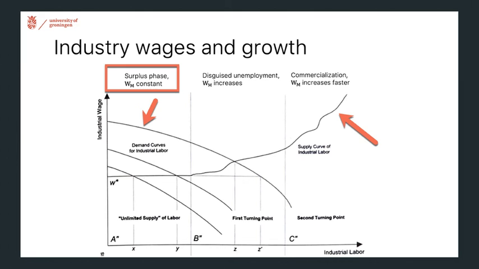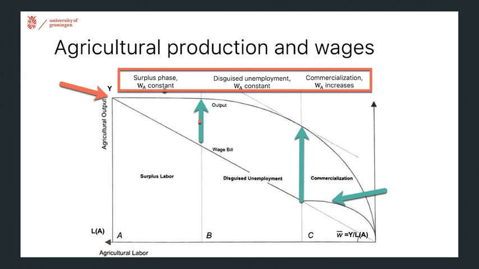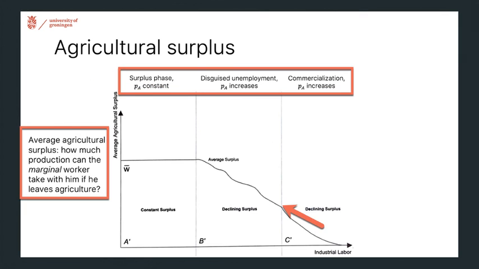Okay, thank you. So we hope to have clarified here the connection between, on the one hand, the agricultural sector, where initially production is constant and then starts to decrease, but wages remain constant, and the food market, where the average surplus tells us what happens to the prices of food.